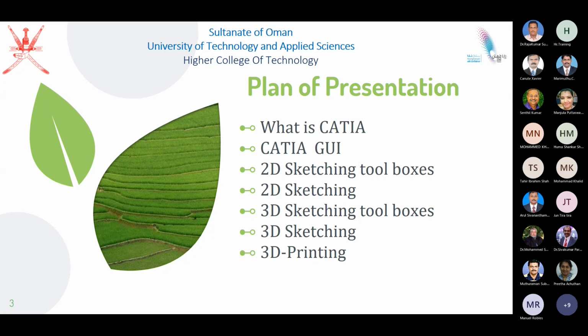As we all know, we are in the fourth revolution era. So whatever drawing we make in the software can be transferred to an STL file for direct 3D printing, so that we can directly take the product if we have a 3D printer with us. So we will be seeing that in 3D printing.